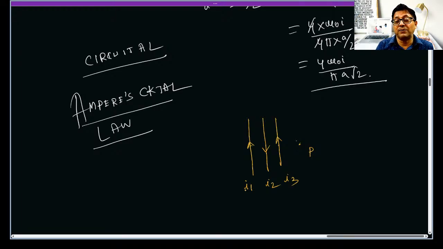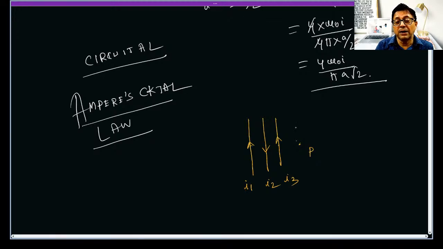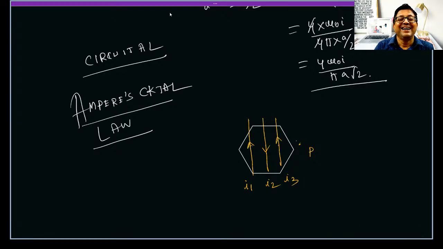But Biot-Savart law we can find it very first. Know what the Biot-Savart law is first. These are the wires. P is an arbitrary point. Through this point we are drawing a closed loop.